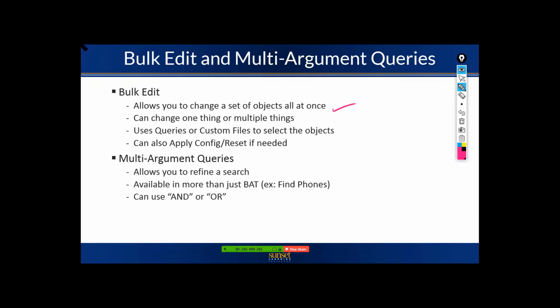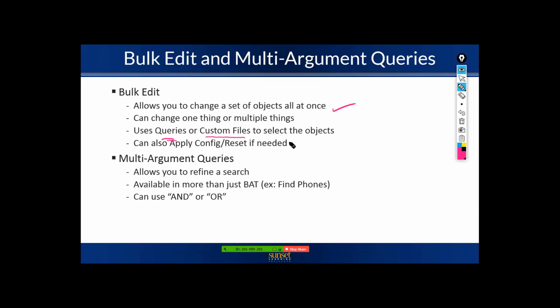There's all sorts of different kinds of queries you can use. You can change one thing at a time, or multiple things. And if the query itself doesn't work for you, you can use a custom file to do your query. I'll talk more about that because we're going to do that exact thing as part 2 of this session.